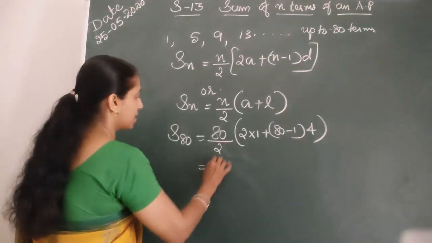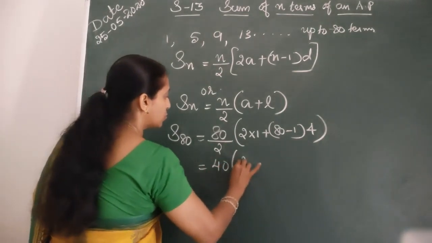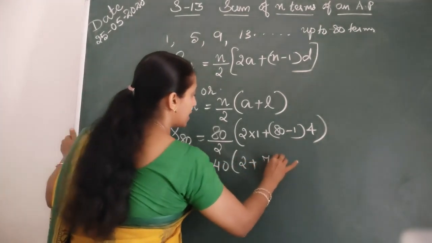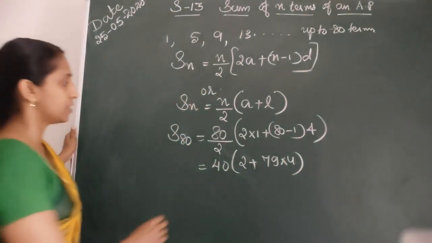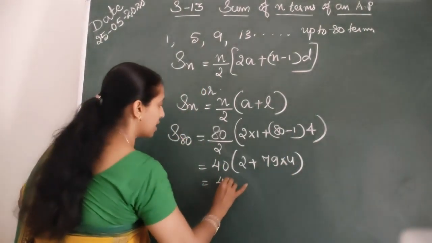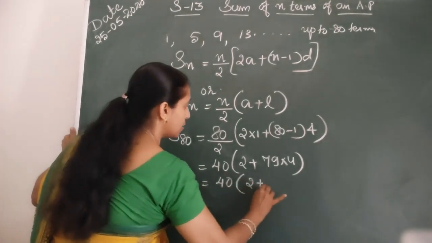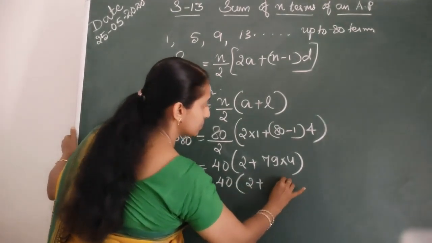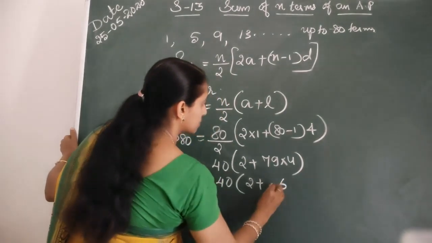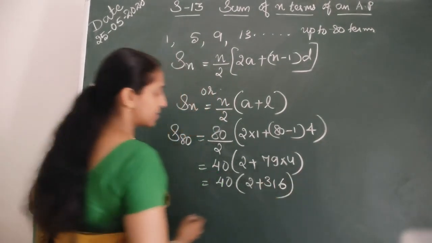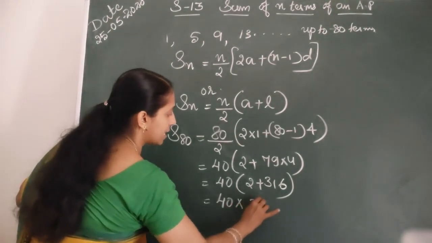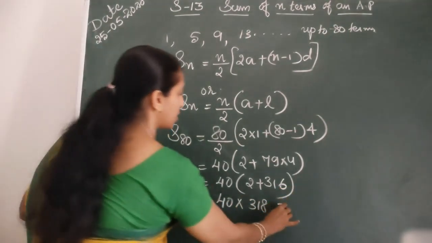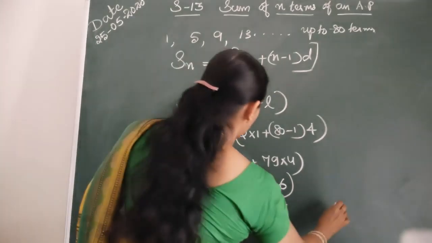So that is 40 into (2 plus 79 into 4). So 40 into (2 plus 316). So you are getting 40 into 318 and you can calculate this value. 40 into 318.